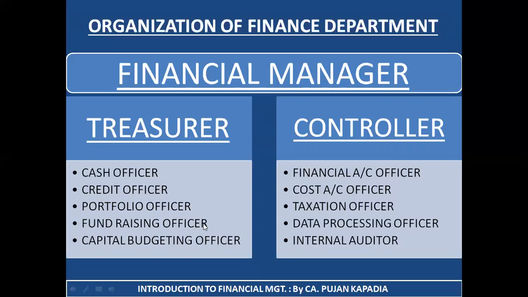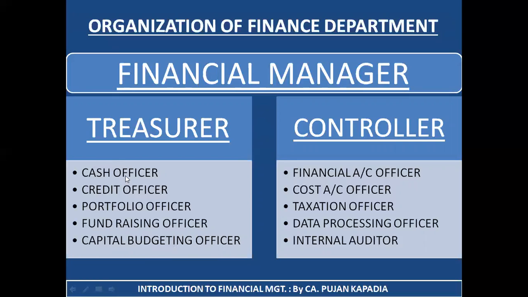Next is the fundraising officer. He continuously evaluates which sources of funds are going to be more beneficial to you if you borrow funds, and he continuously monitors the changes in the cost of capital so that you may take advantage of the lower cost at every point of time. And the last is the capital budgeting officer. He evaluates the various investment proposals that come across to you.